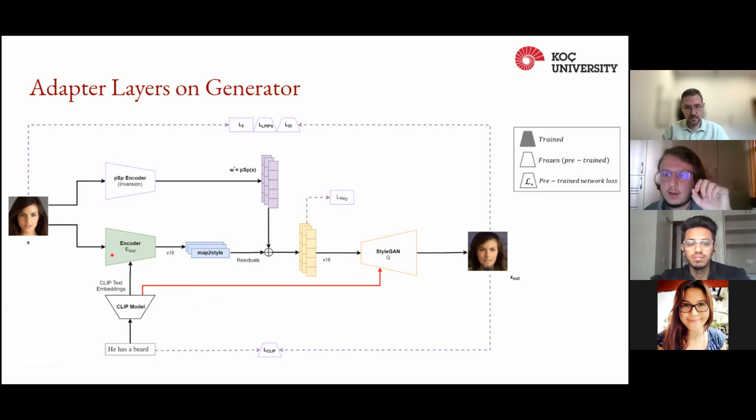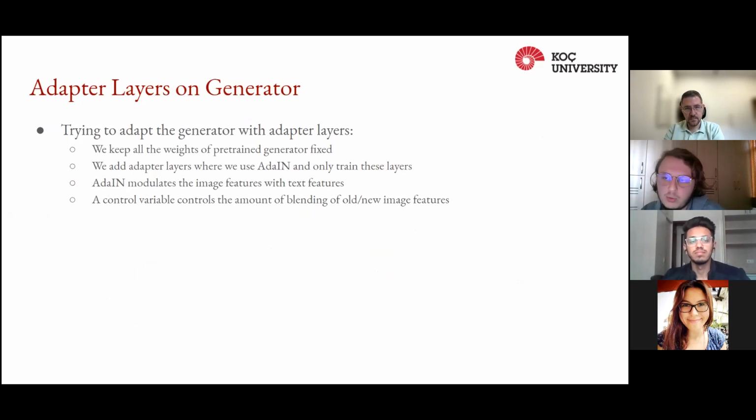So this time we start with 0. The zero means it starts with the original generator, and over time we hope that this control variable learns the amount of blending of the old image features and the newly modulated image features. So yeah, currently we are working on this idea to improve our generations.